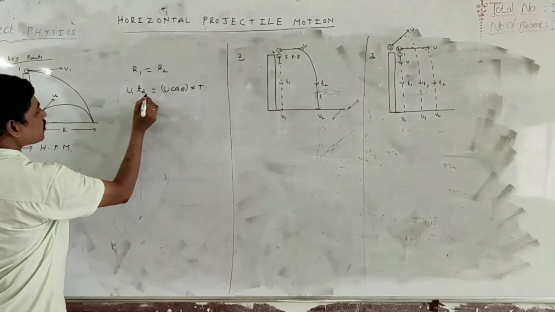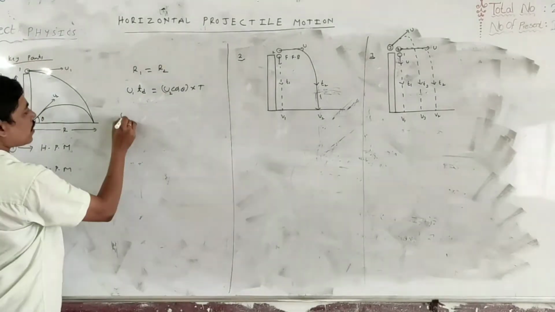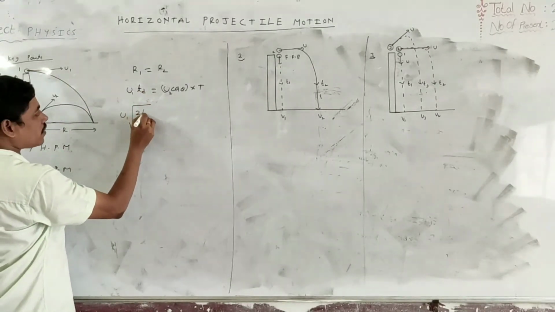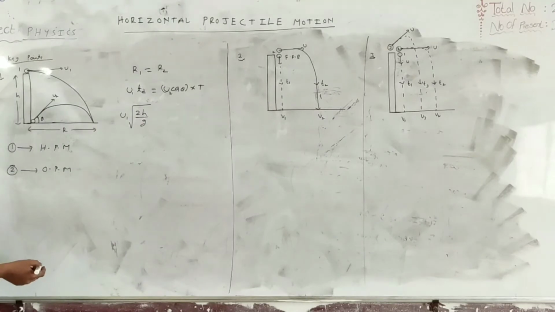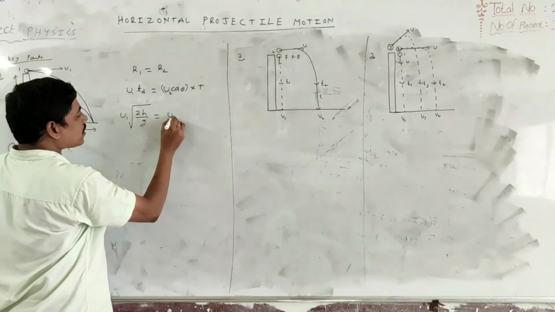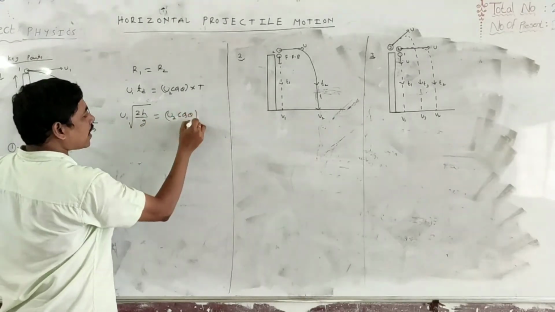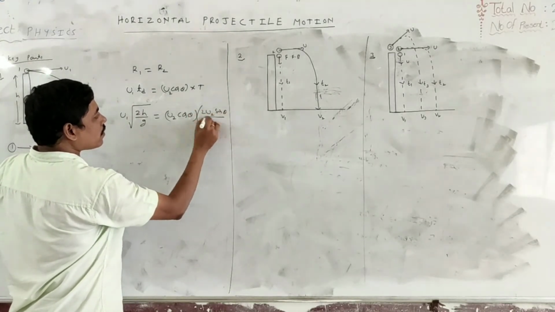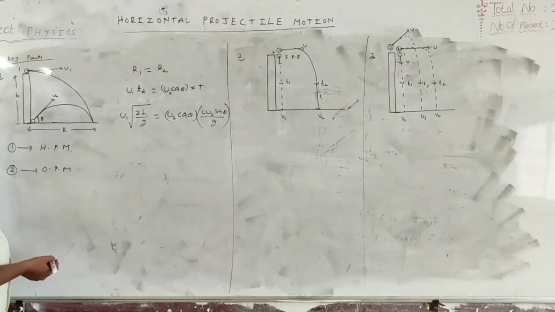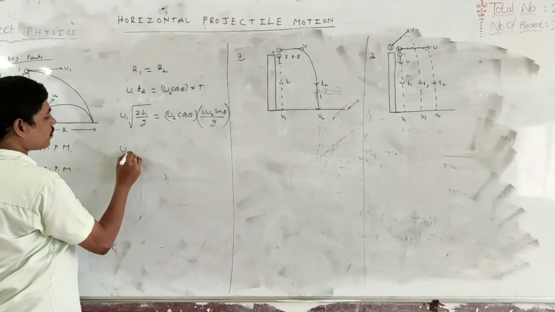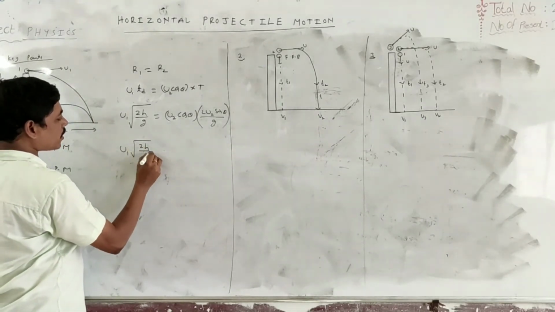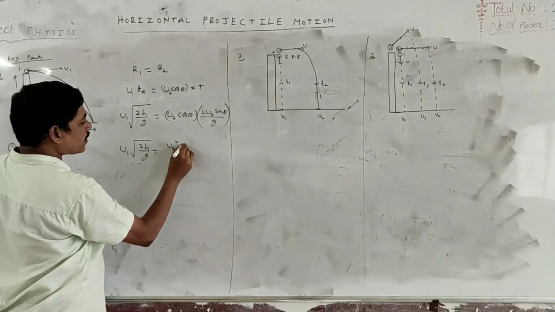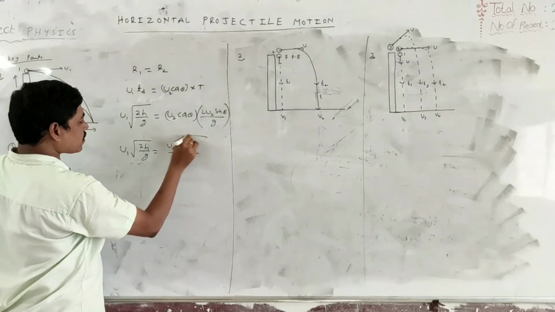In the first case the velocity is u1 and in the second case u2. The time of flight in horizontal projectile motion, as discussed in the last video, is under root 2h by g. In the second case, oblique projectile motion, the time of flight is 2u2 sin theta by g. Simplifying, u1 under root 2h by g is equal to u2 square sin 2 theta by g.